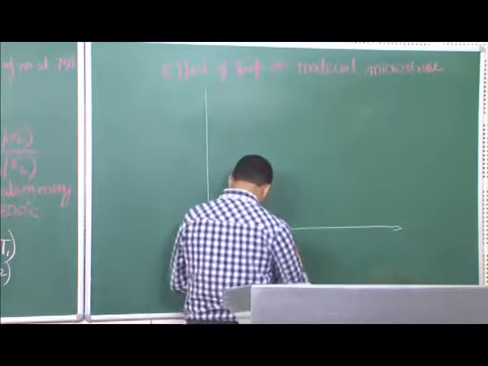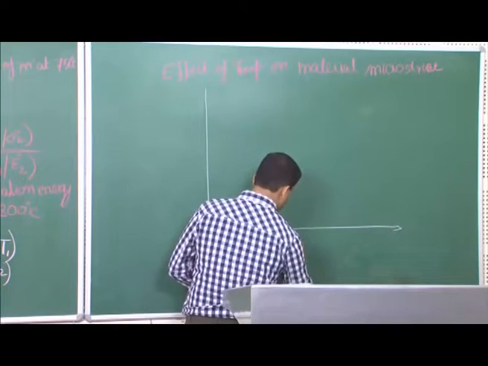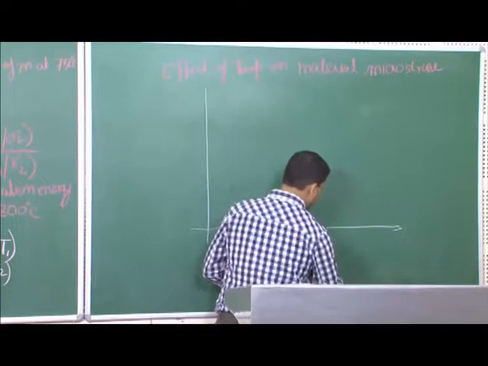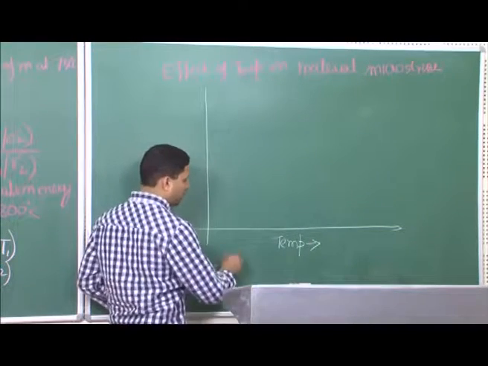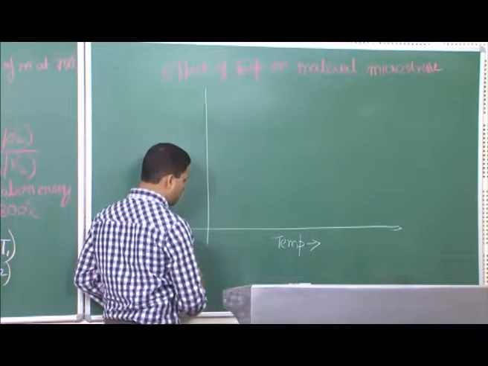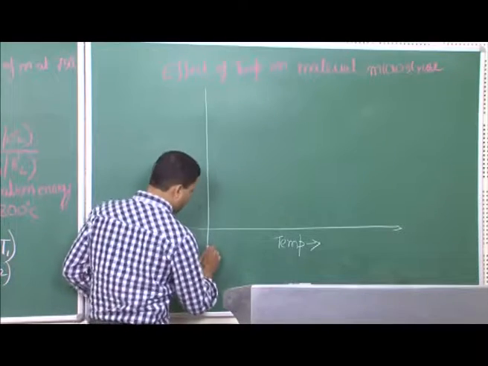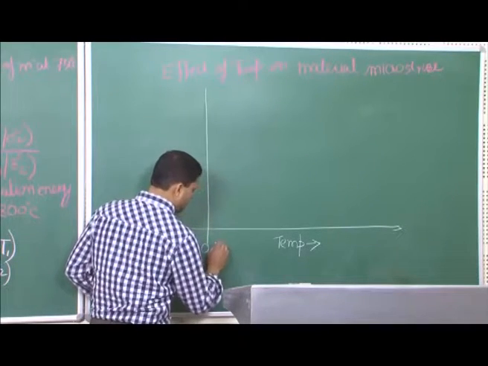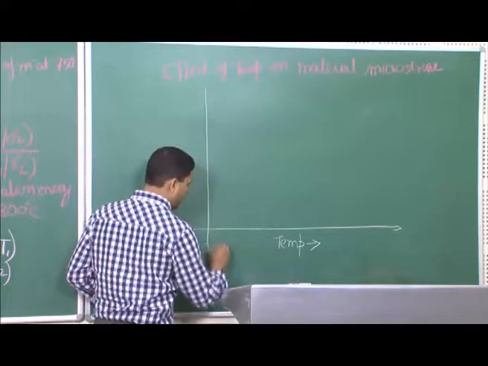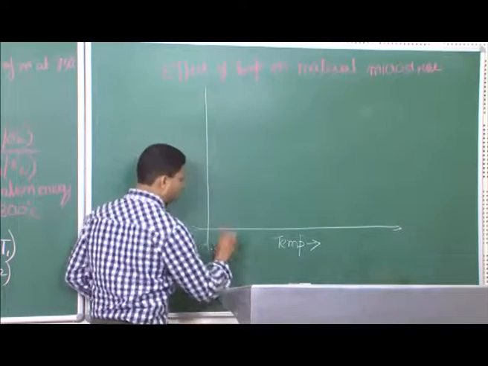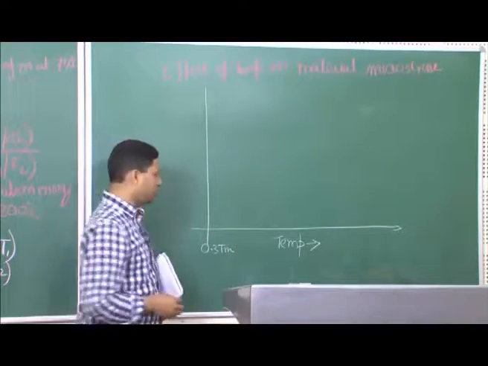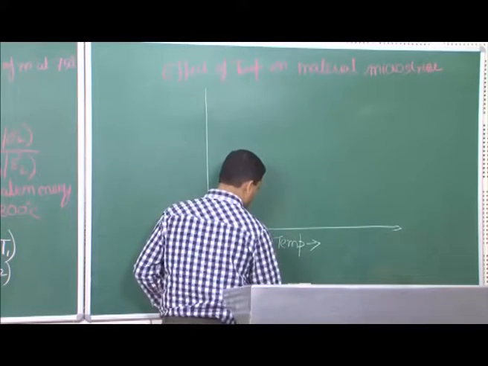Over here on the x axis I have temperature. This is not 1 over T, it is temperature. This is increasing in this direction, and the point where the y axis is crossing is 0.3 Tm.